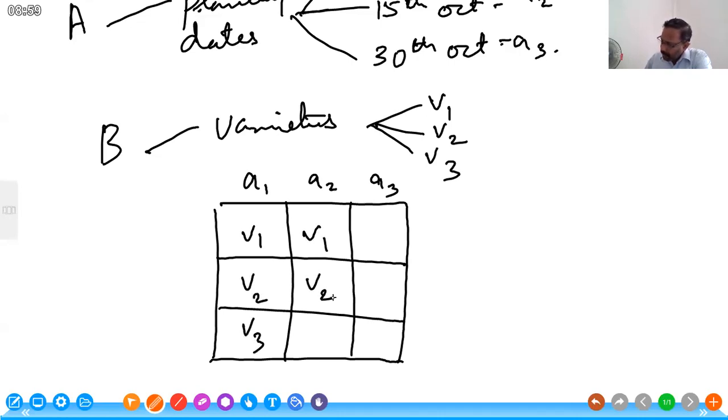V1, V2, V3. This is before randomization. This is planting on 1st of October. This is planting on 15th of October. This is planting on 30th of October. You see? We'll talk about the randomization and replication a little later. So this is the setup.